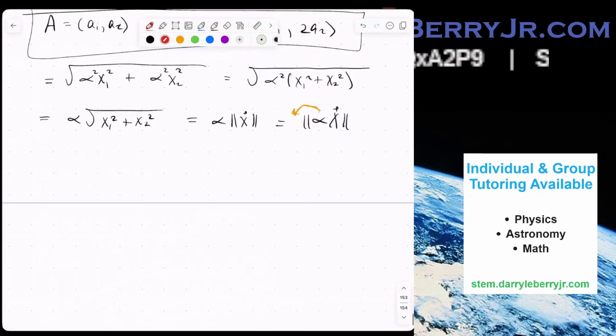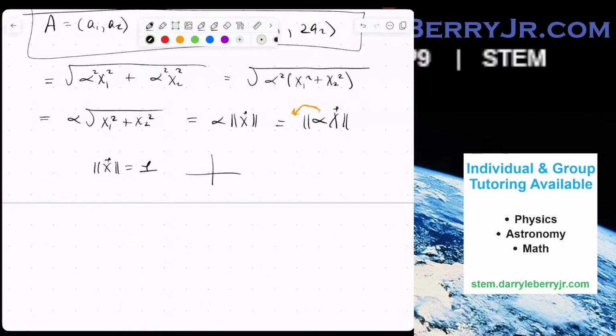right? We have a unit vector with the magnitude of x equals 1. That means this vector is somewhere, but the length is 1. So basically, you can see every vector is some scalar times a unit vector.